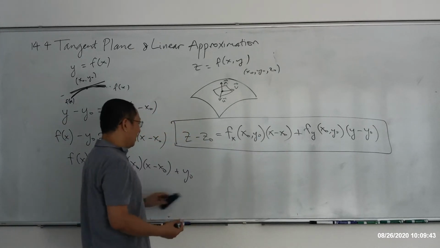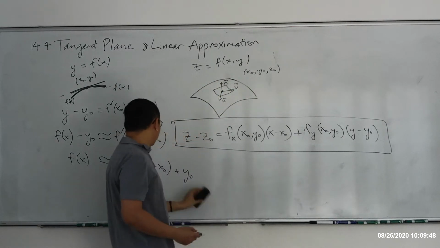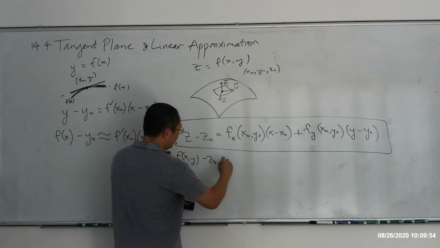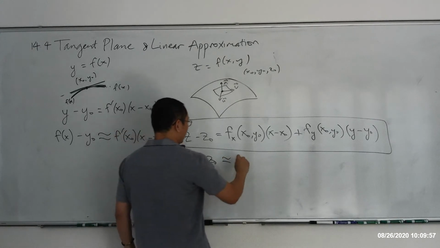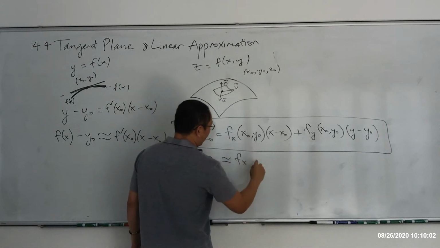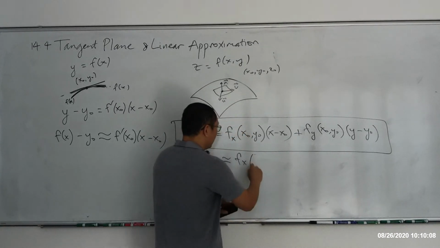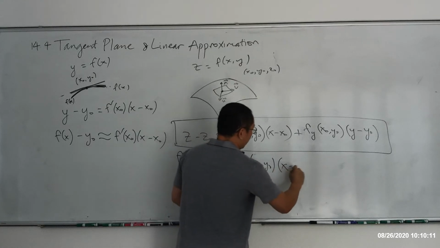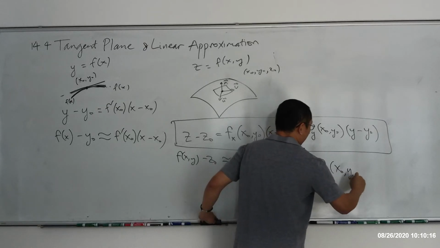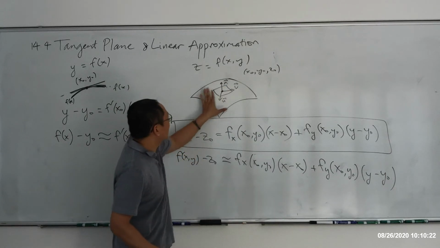So if you talk about a small interval, so x changes a little, now we have two variables, and y changes a little, and you have this f of x, y minus z naught is approximately equal to f x of x naught, y naught times x minus x naught plus f y of x naught, y naught times y minus y naught. And now I'm talking about the equation of the surface.